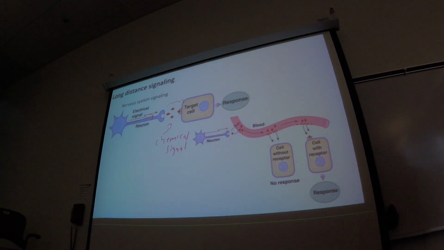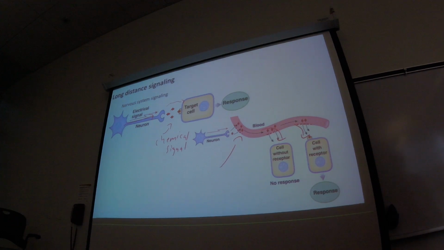You have a slightly different variant of the nervous system, where the neuron, instead of giving out a chemical signal to a cell, will dump that chemical signal into the bloodstream, and then do something very similar to any other endocrine signal. It will travel the bloodstream and then affect certain cells.